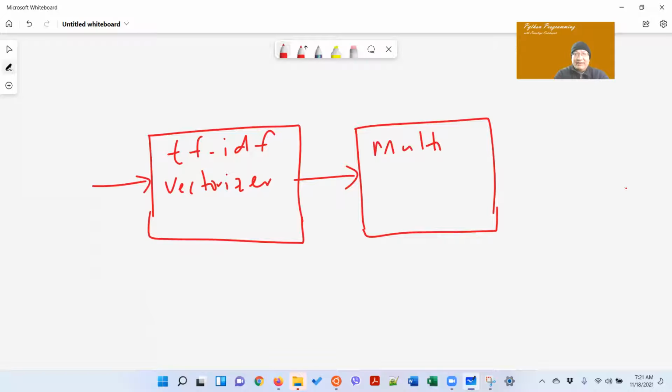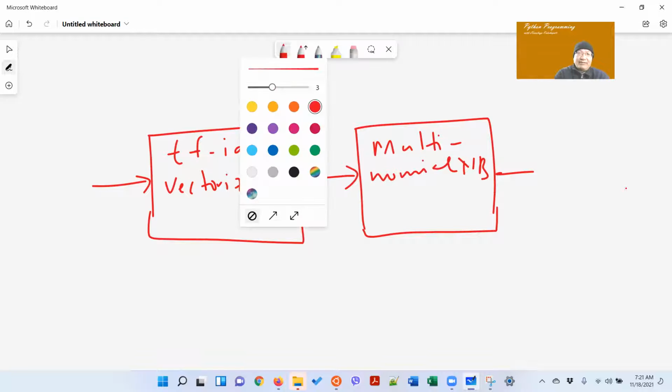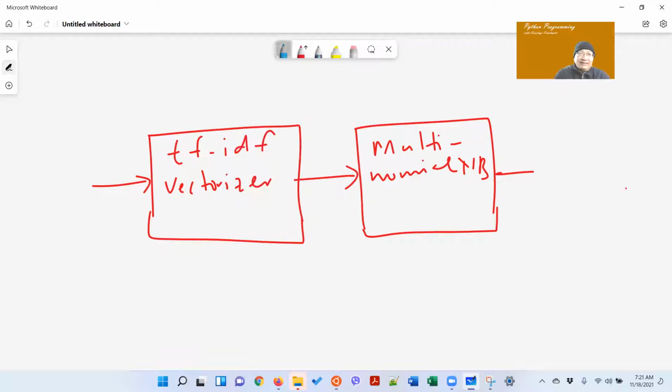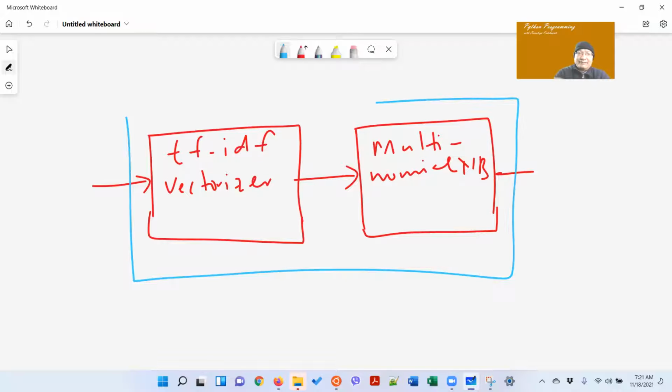Yes, that's right. Multinomial naive Bayes, right? It goes to naive Bayes. Okay, so this is our pipeline.